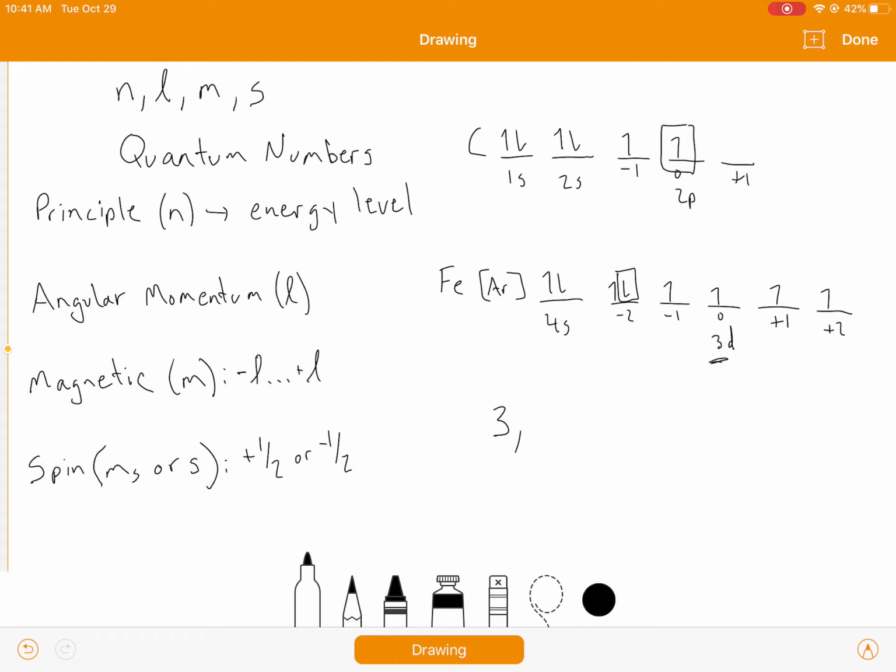That is the principal quantum number. Secondly, you have to look at the shape. We know it's in a d sublevel. s is 0, p is 1, d is 2, so I'm going to put 2. The next one tells you which orbital. I already labeled them, going from -l to +l, -2 to +2. This one is in the -2 orbital. And then last but not least, look and see whether it's positive or negative. Is it +1/2 or -1/2? Well, it's the down arrow, so it is -1/2.